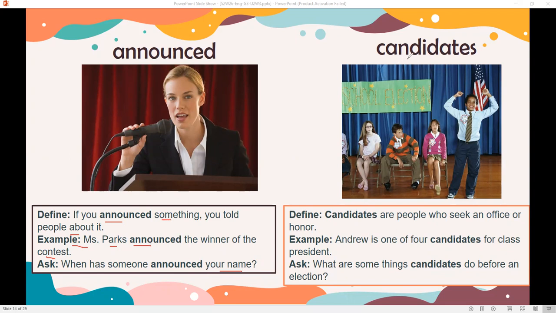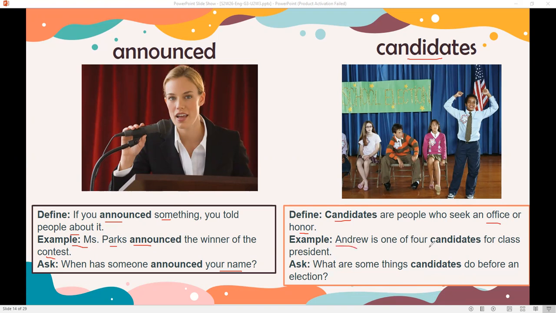Next word, I have the word candidates. Candidates are people who seek an office or honor. When you grow up, you are going to vote for candidates, people who are running or who seek an office, position, or honor.